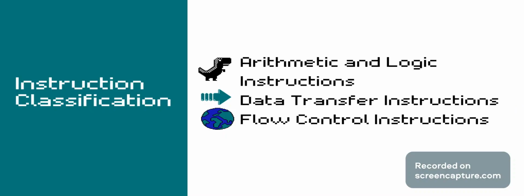There are three classifications of instruction. The first one is arithmetic logic instruction. It involves math and logical operations such as addition, subtraction, multiplication, and logic operations like AND, OR, etc. The second one is data transfer instruction.